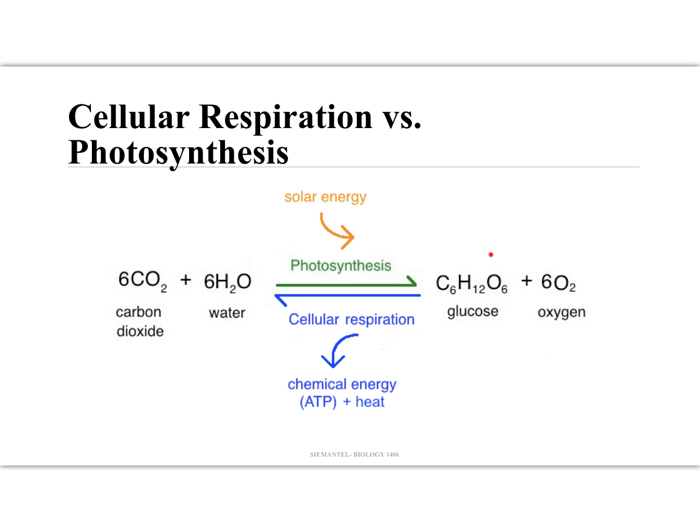We start with glucose and oxygen, and we make water and carbon dioxide. So the products of one become the reactants of the other. And then there's the energy part. Photosynthesis requires an input of energy to make the glucose, but the breaking of glucose in cellular respiration is going to provide an output of energy in the form of heat and ATP.